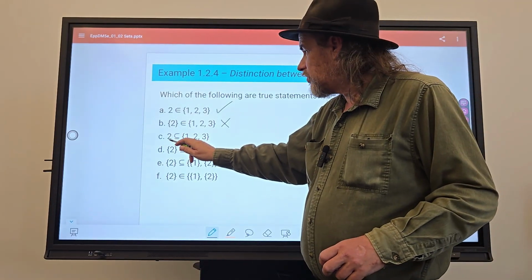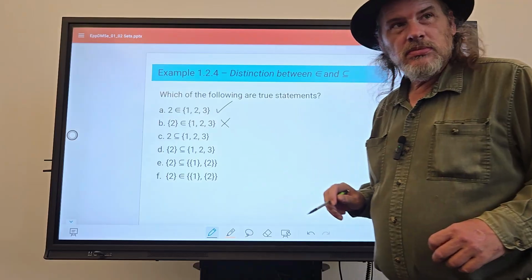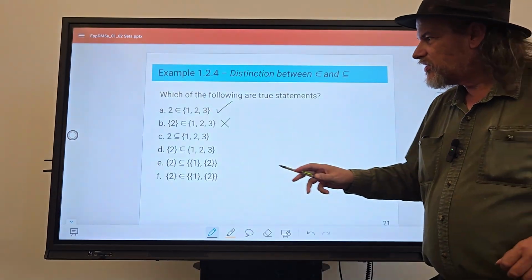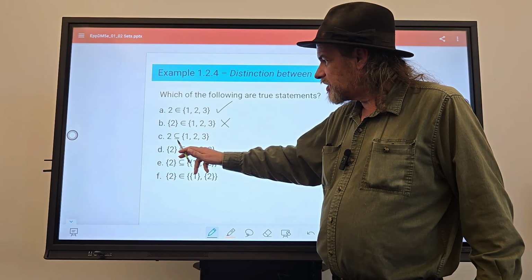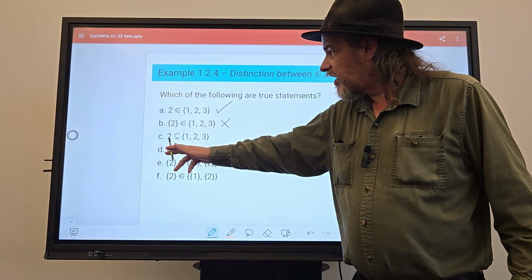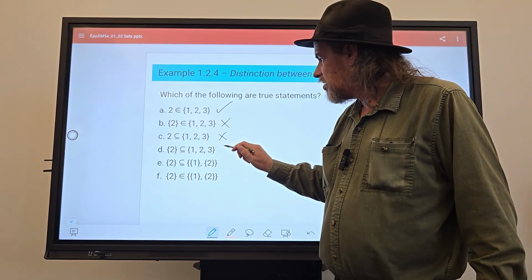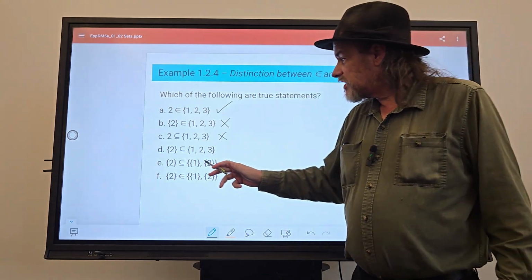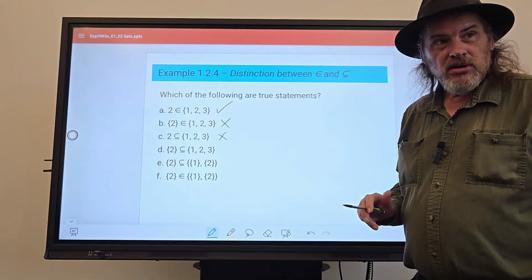But is 2 a subset of {1, 2, 3}? No, it's not, because the subset operator here is between 2 sets. This is not a set, that's an element. So that's false. Is the set {2} a subset of {1, 2, 3}?